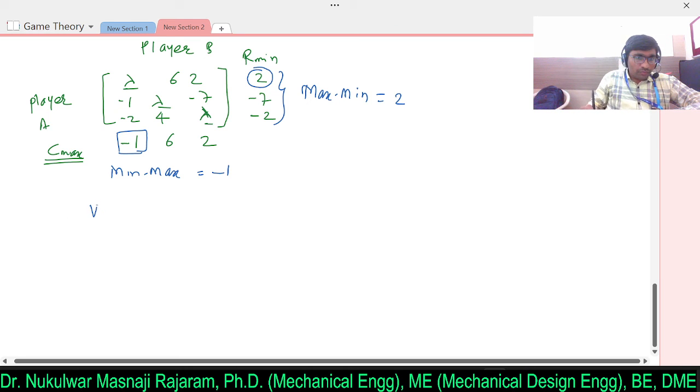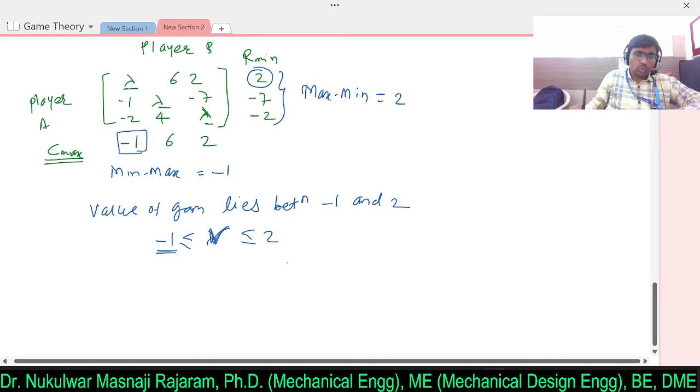However, the value of the game will lie between -1 and 2. Clear? So the value of the game is always greater than -1 and it will be less than 2.